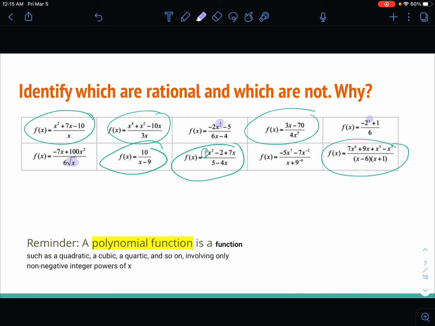Over here, this is actually x to the 1/2 power. So we know that that's, again, a fractional exponent. And then here we have a negative exponent. Oops, actually, this bottom one is okay because that's just 1/9 to the 6th. That's just a number, that's all right. But the -2 in the exponent is actually the issue.